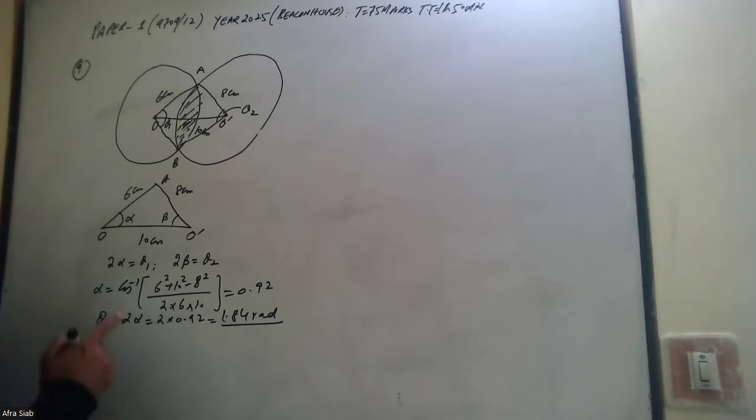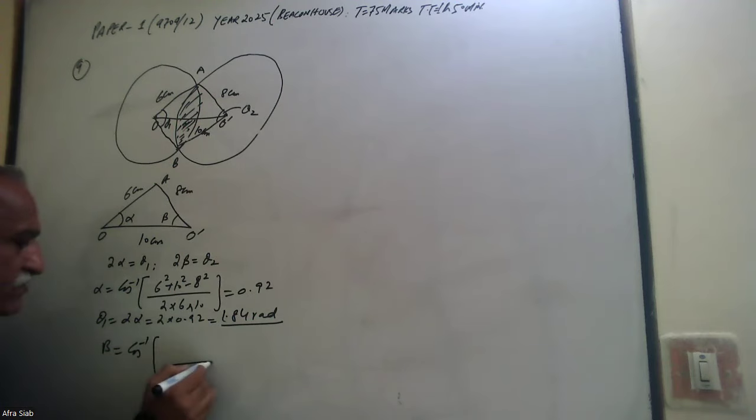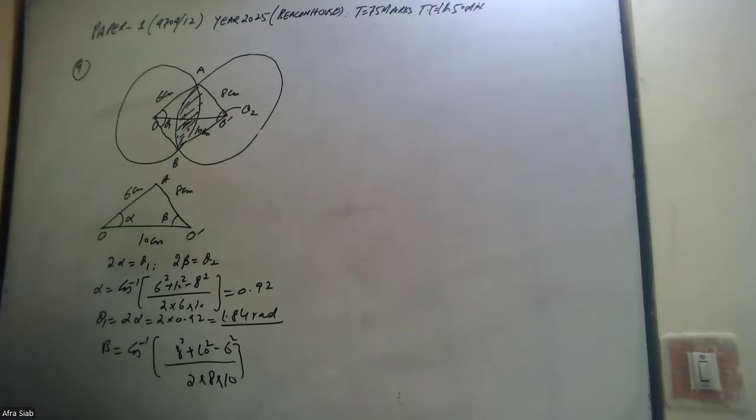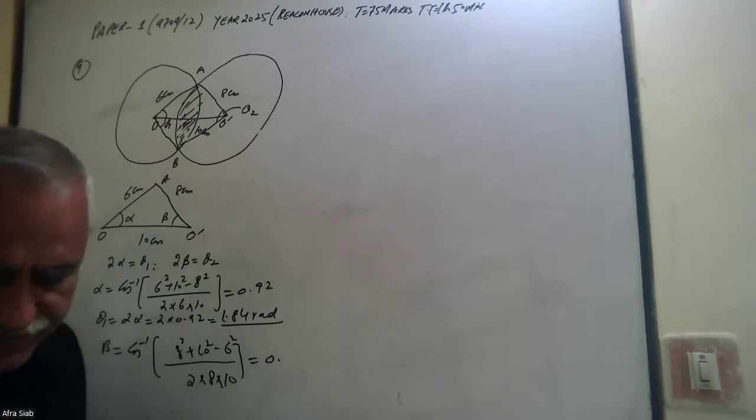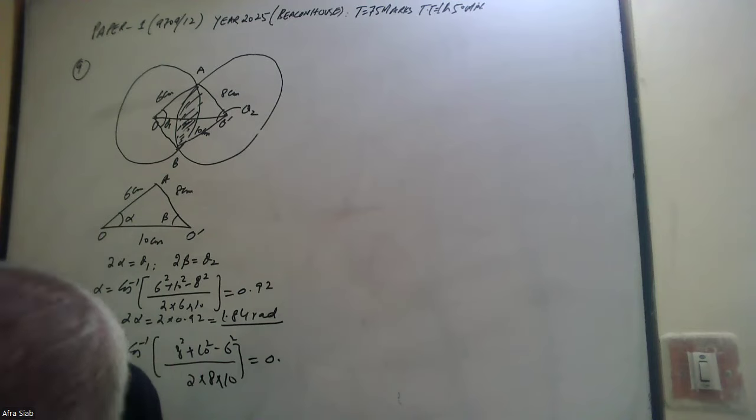Now we can calculate the angle beta, which is equal to cos inverse of (8 square plus 10 square minus 6 square) over (2 into 8 into 10), and that value is equal to 0.64.